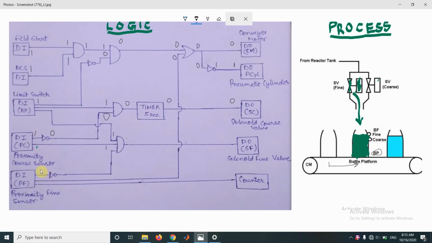So now this input from the proximity fine sensor would be 1.